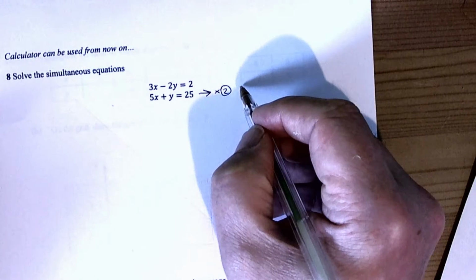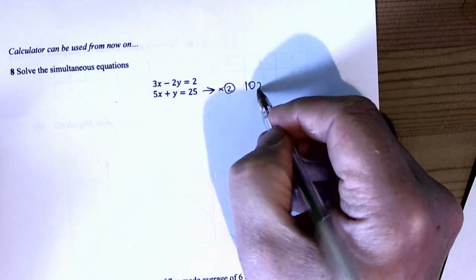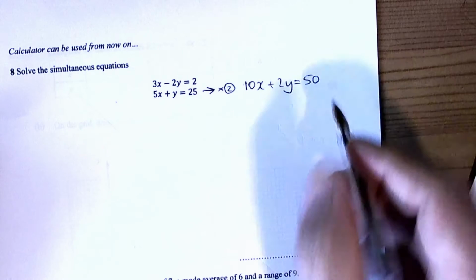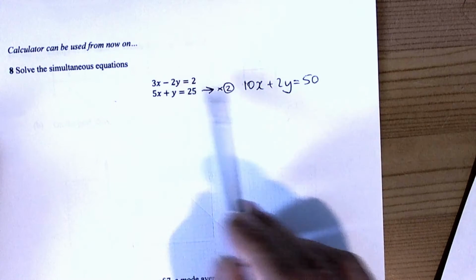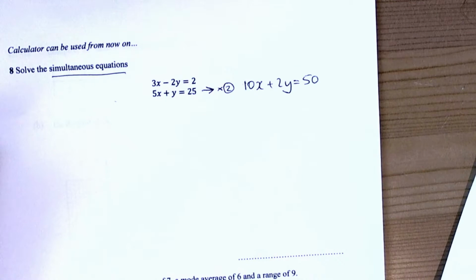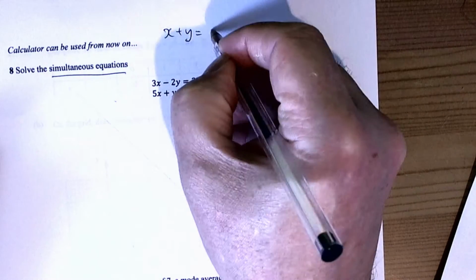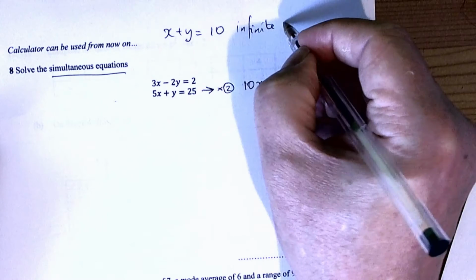If I double 5x plus y equals 25, then we get 10x plus 2y equals 50. Now, we've now got two equations where there is a 2y in. Now, to solve simultaneous equations, we need that to happen because we need to cancel one of the letters out so that we can actually solve just one equation. We need to remember that if we had x plus y equals 10, then there's an infinite number of solutions.